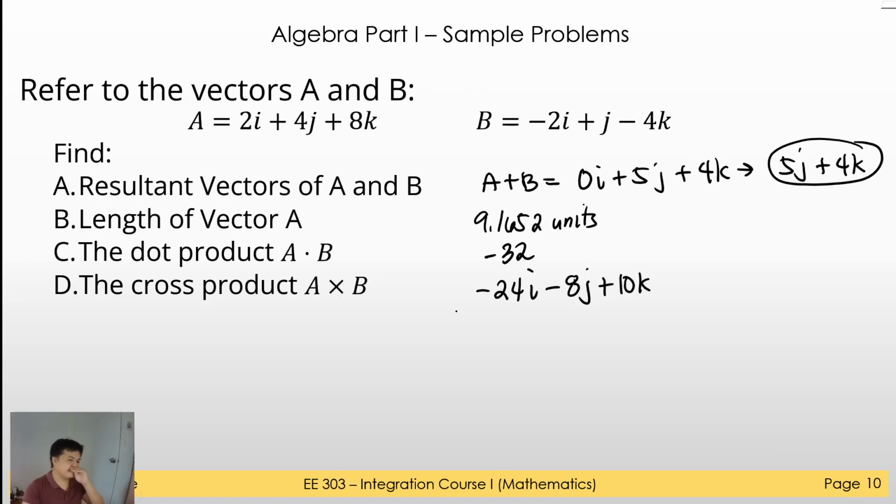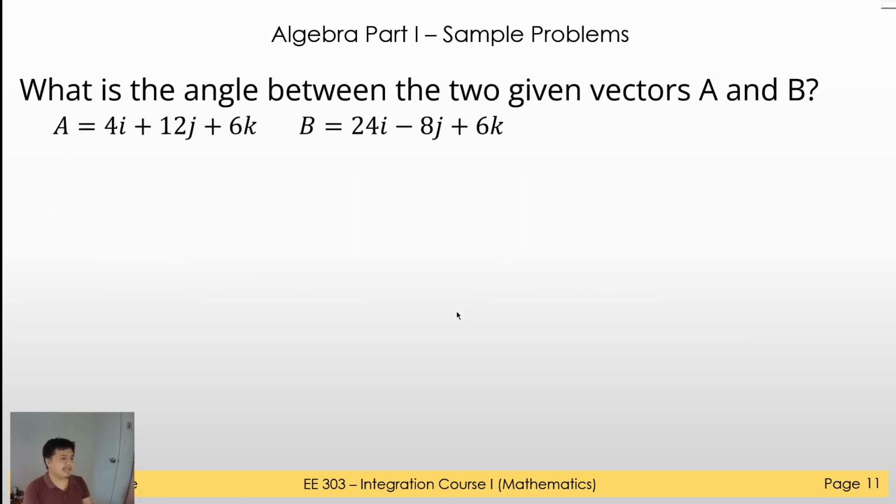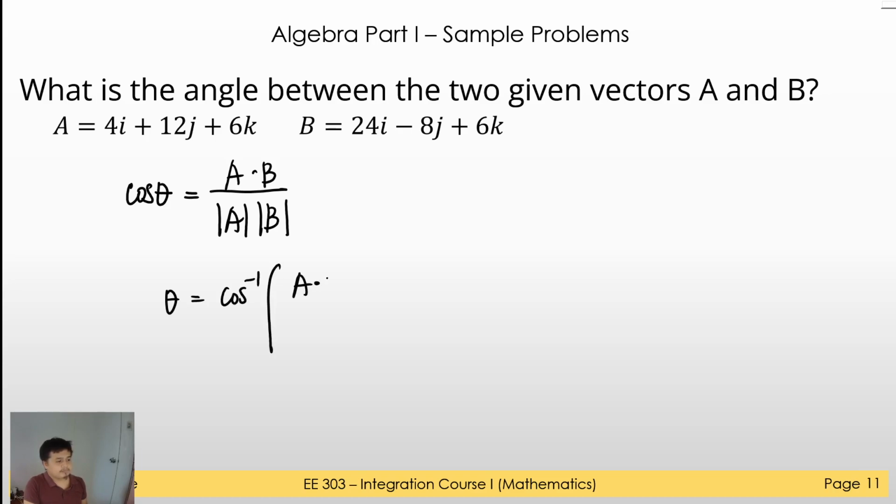Okay. And then what is the angle between the two given vectors A and B? So how do we find the angle between two vectors? We have cosine theta is equal to the dot product of A and B over the length of A times the length of B. Utilizing your calculators, you can solve this pretty quickly.